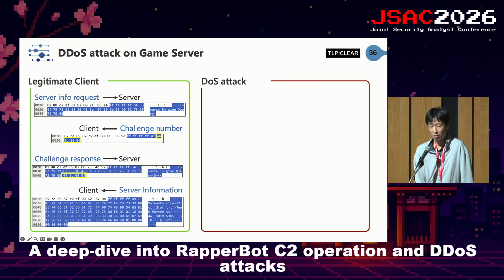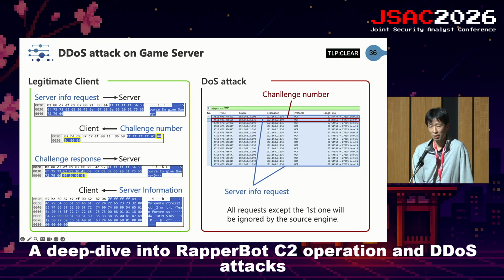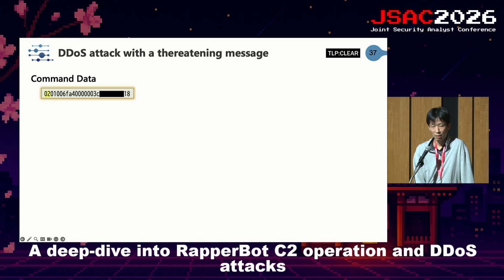Then the challenge number comes back, and the challenge number has to be added and resent so that the server information can be obtained. On the right is a DDoS attack. For the first query, challenge number comes back, but second time on, the query is ignored. Because of the large number of attacks, the game servers are getting prepared.